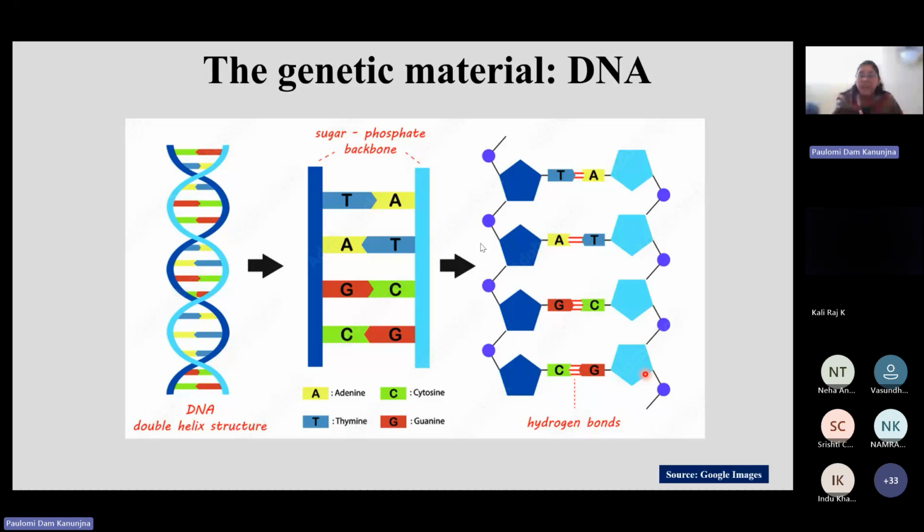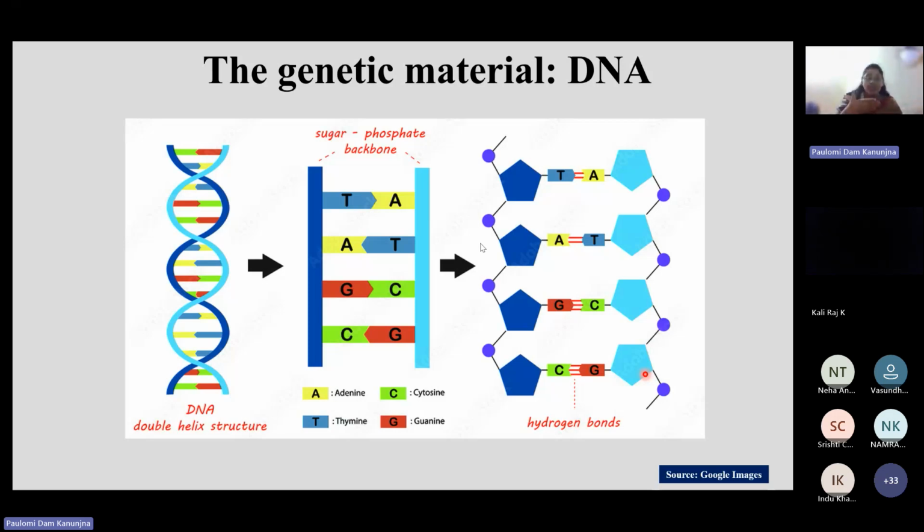So DNA, if you have to name a few of the features that are important for it to be a genetic material. First is its ability to store genetic information. As we know, DNA is composed of A, T, G, C, which are nitrogenous bases, and these bases are the instructions for protein synthesis, for your cellular structure, for everything that happens downstream.